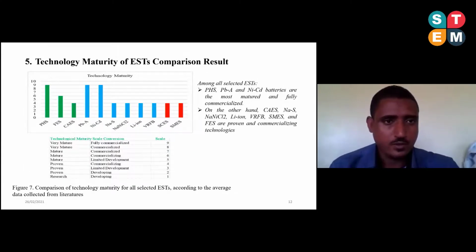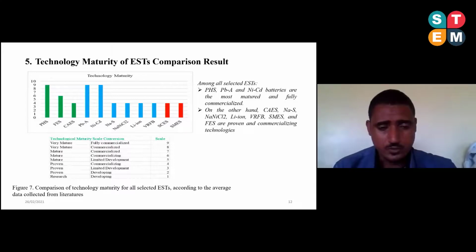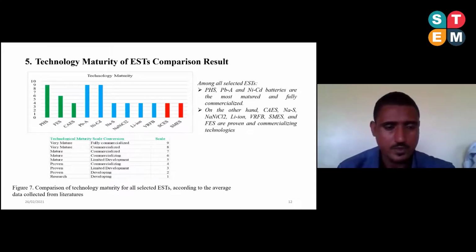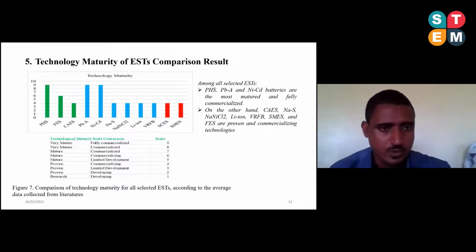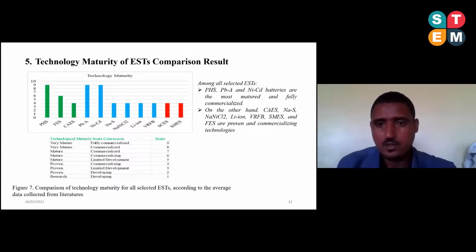The other comparison is based on their technology maturity level. As I said, out of the selected energy storage types, the mechanical type, so-called pumped hydro storage, is the mature one, and from electrochemical, lead acid and nickel cadmium are also mature and fully commercialized compared to others.